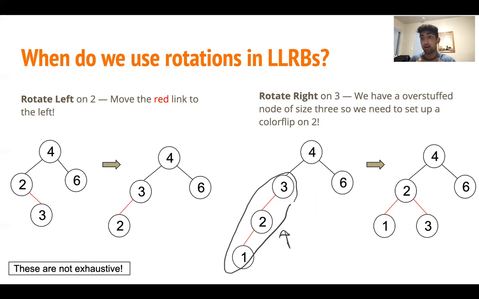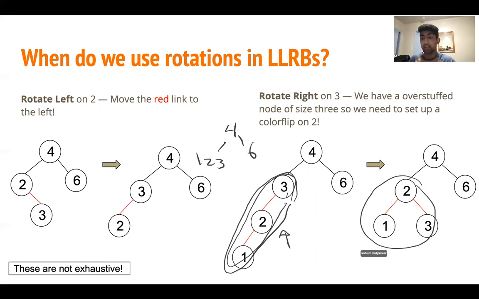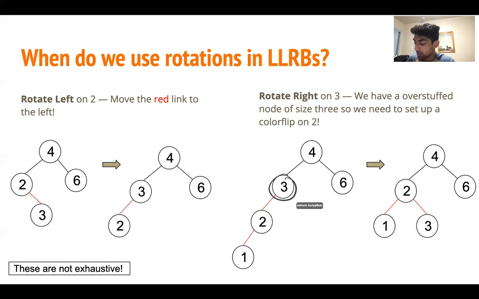Because in the corresponding 2-3 tree, we see that it looks like so. But in this current state, we can't perform a color flip because a color flip can only be performed in this configuration. So what we need to do is prepare to color flip by taking 3 and rotating him to the right, okay? So that's what we mean by preparing for a color flip: we take a node and then we rotate it so that in the future we can perform a color flip.